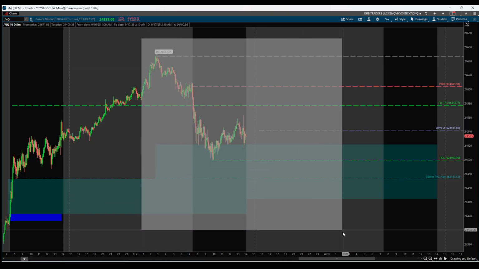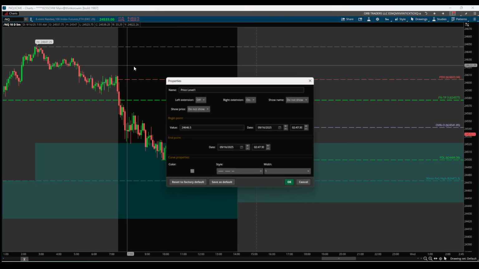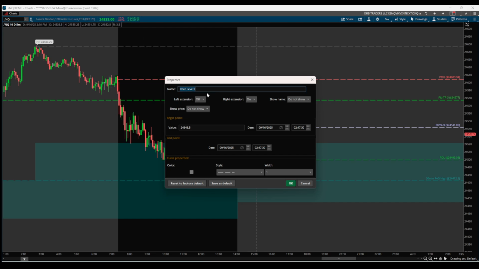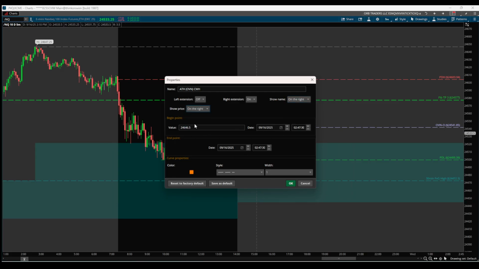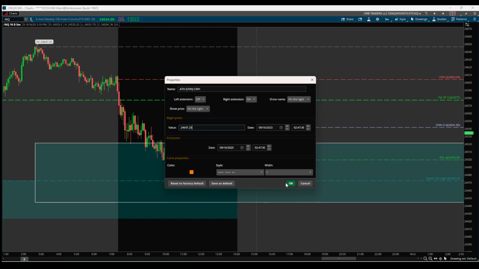And let's just zoom in and update some of these levels here. So let's start out with the all-time high set overnight, current week high. That's above during overnight session, pre-market from today at 24,647 and a quarter.